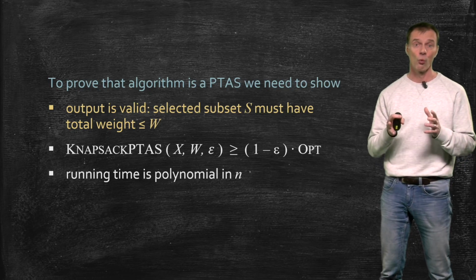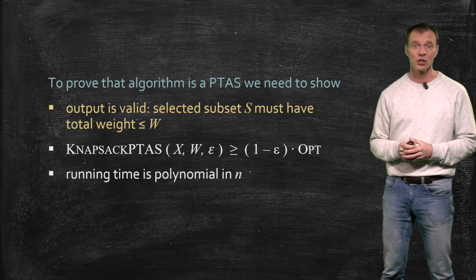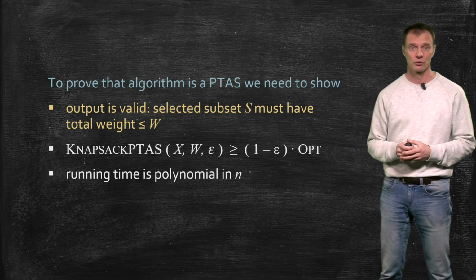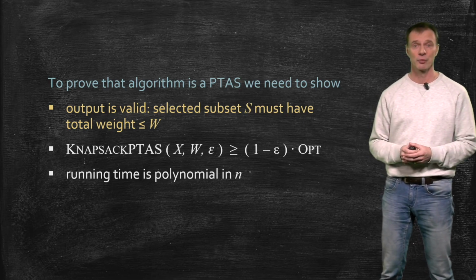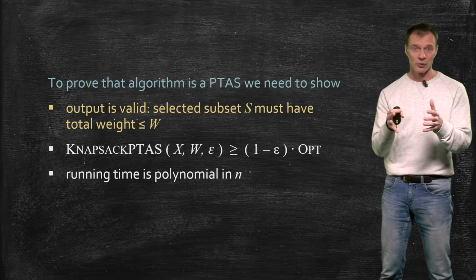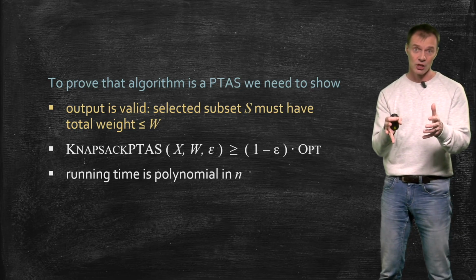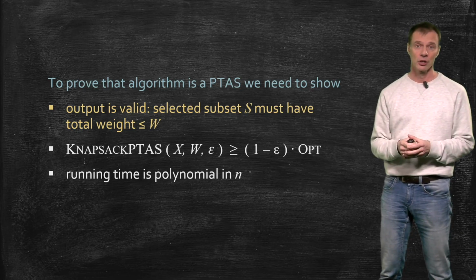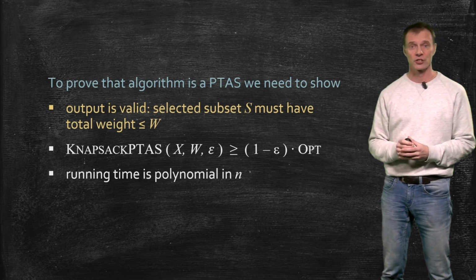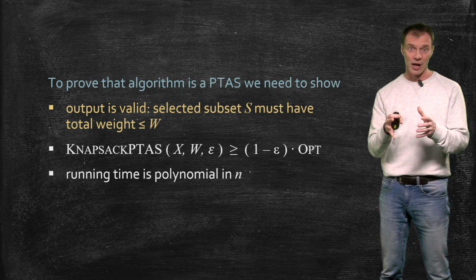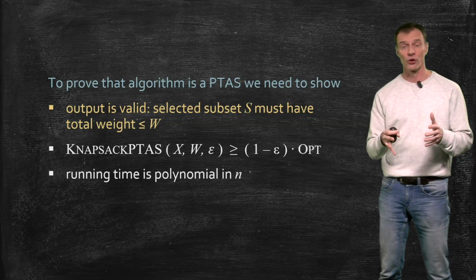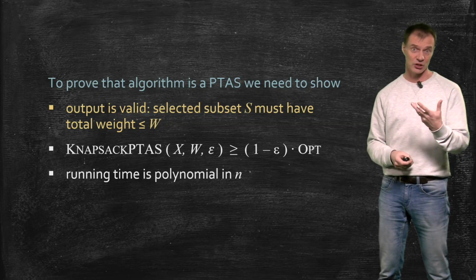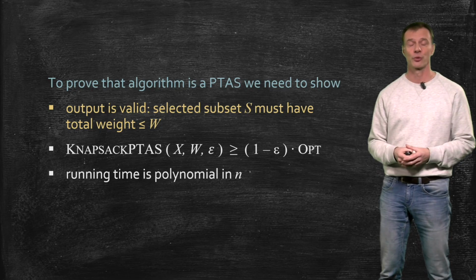The total weight of the subset we select should be at most W. Well, that's actually pretty simple because, remember that we first change the values to value star, but we did not change the weights. So if we run our dynamic programming algorithm on x star, well, in x star, the items still have their original weight.